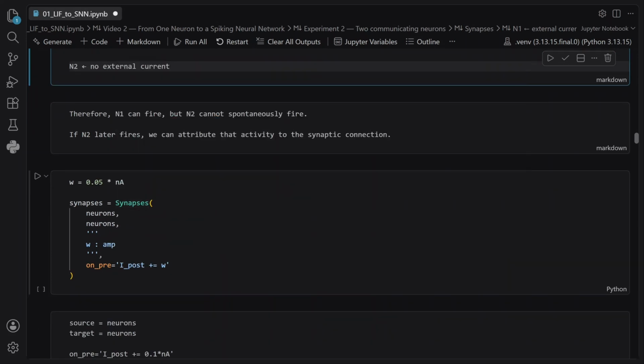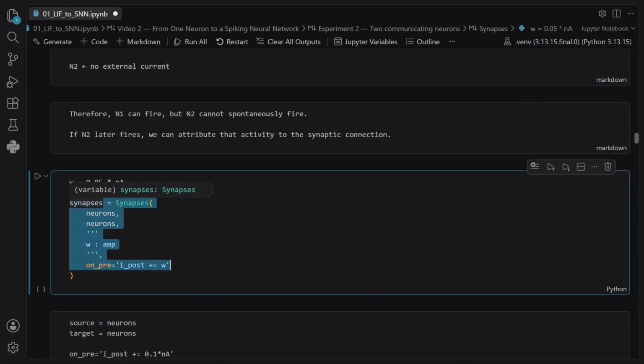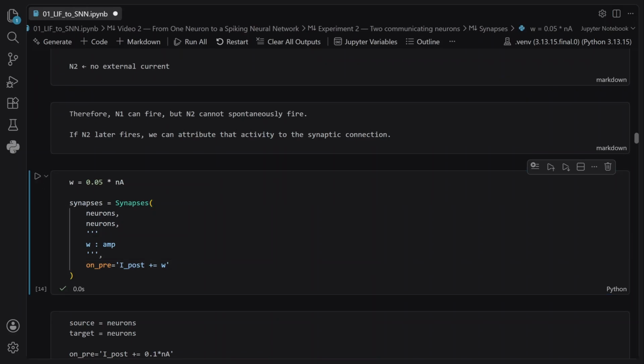To do this, we have to define a synapse. This is the weight of our synaptic connection. So how does it work? We define synapses using this module here. It connects this neuron with this neuron.